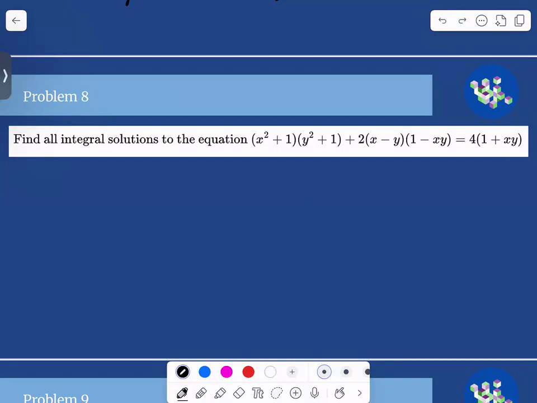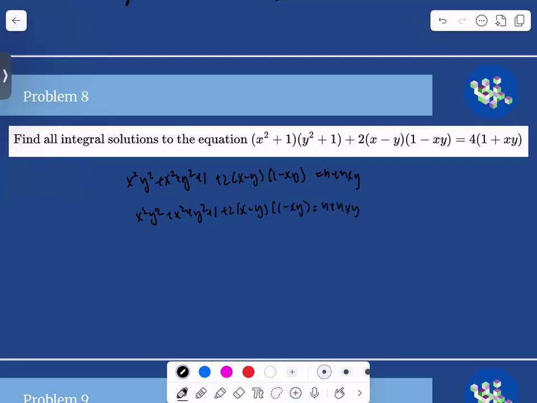We can basically expand some stuff. We get x squared y squared plus x squared plus y squared plus 1 plus 2 times x minus y times 1 minus xy is equal to 4 plus 4xy.